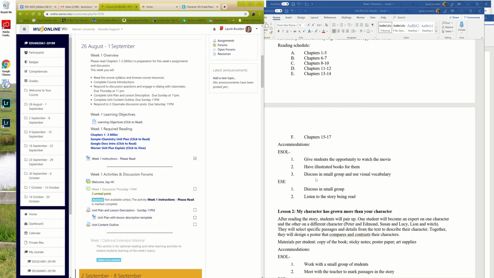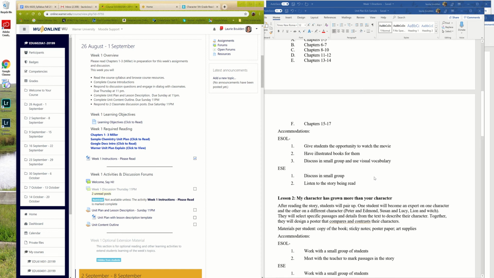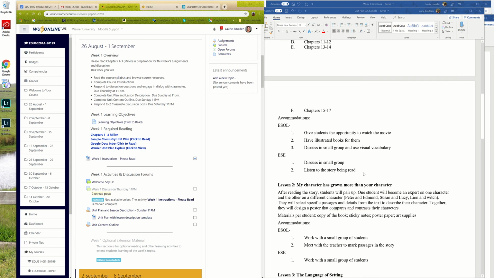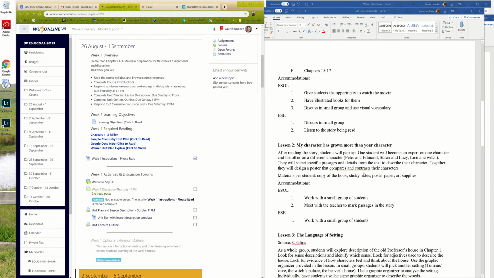And then as we work in our small group, I'm going to make sure I have visual vocabulary. For my ESE students, discussing it in small groups, so when we meet in our Tier 2 group, and then give them the opportunity to listen to the story being read, whether it's myself reading it or if I have the auditory recording of it that they can listen to.